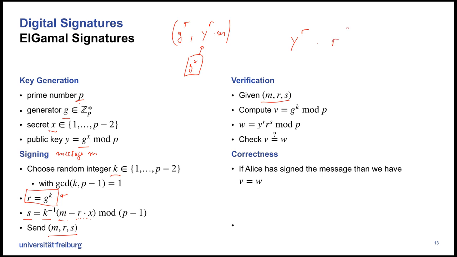And that's why we're using modulo p minus 1, because now we're working in the exponent. And in the exponent, everything is done modulo phi of n, and this here is phi of p. Okay, so that's the thing we want to check.